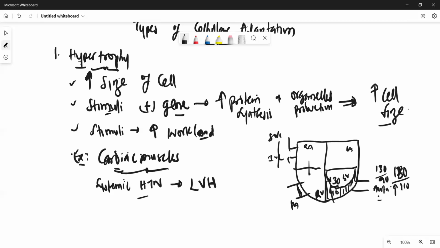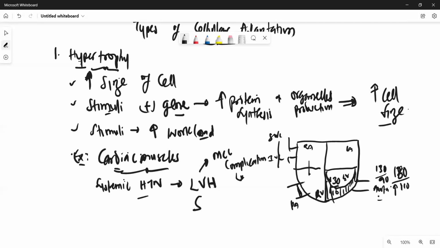And left ventricular hypertrophy, as you know, is the most common complication of somebody who has long-standing hypertension. And what type of heart sound are we going to hear in this patient? S4.